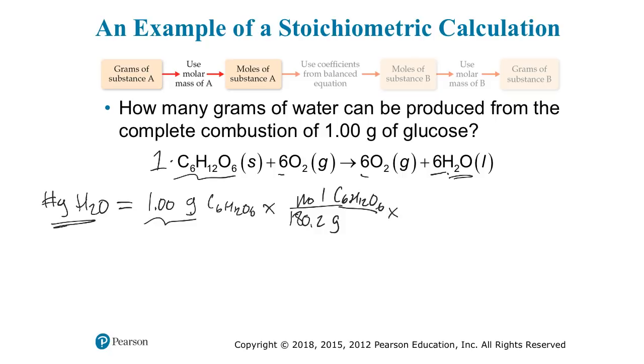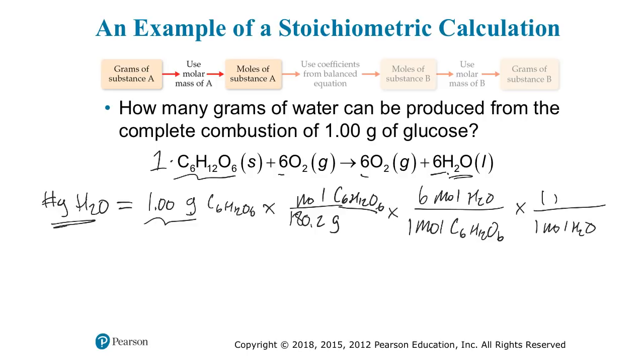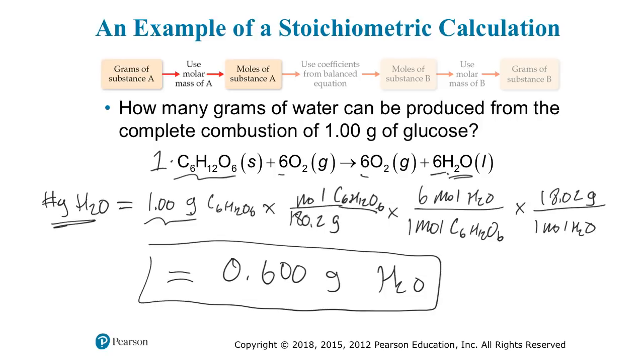Then, for every 1 mole of glucose, we're going to form 6 moles of water in the reaction, and for every 1 mole of water, that's 18.02 grams. When we work this out on the calculator, the grams of water works out to 0.6 grams, and that should have 3 significant figures. So 0.600 grams of water form by the combustion of 1 gram of glucose.